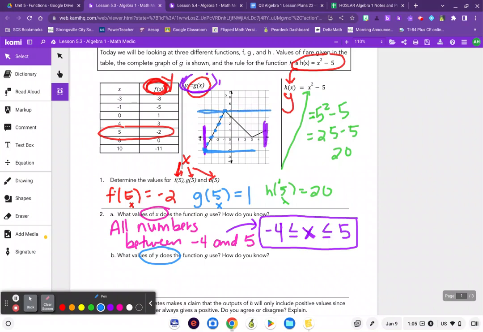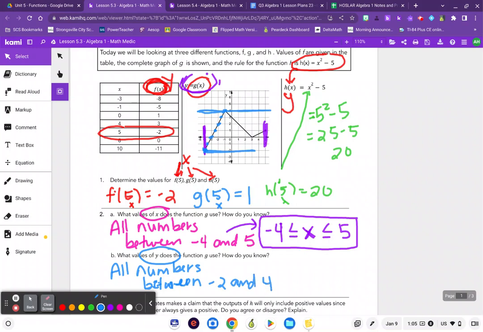So notice that I'm making these boundaries here as well, but it's boundaries against the y-axis. So I could say things like all numbers between -2 and 4.